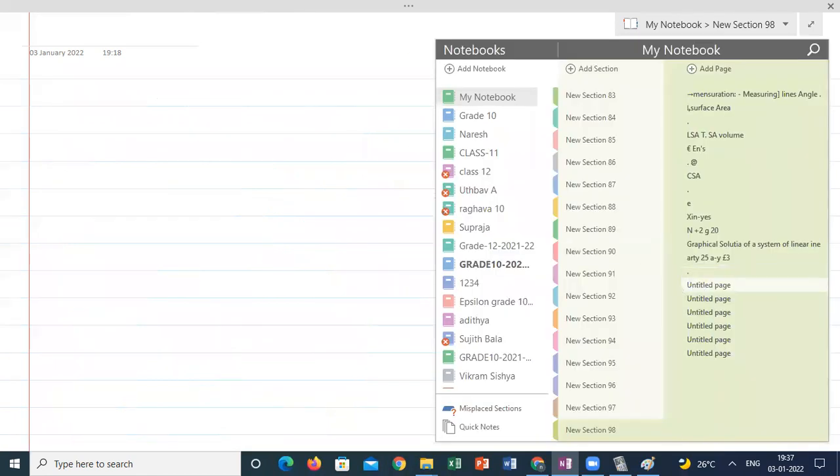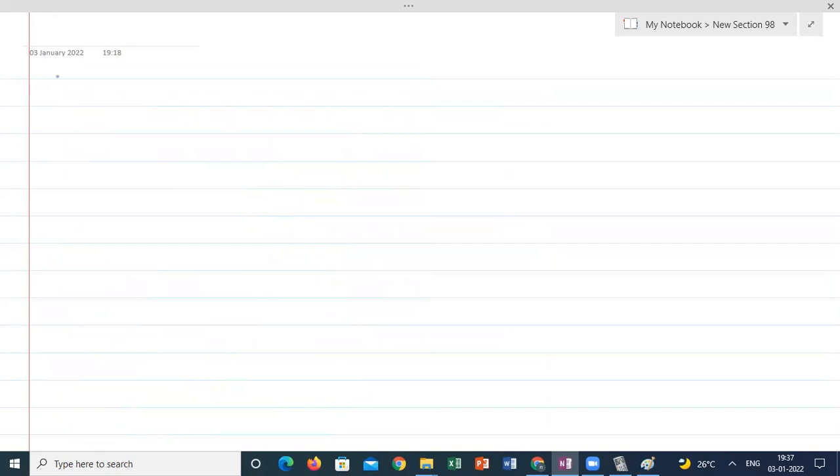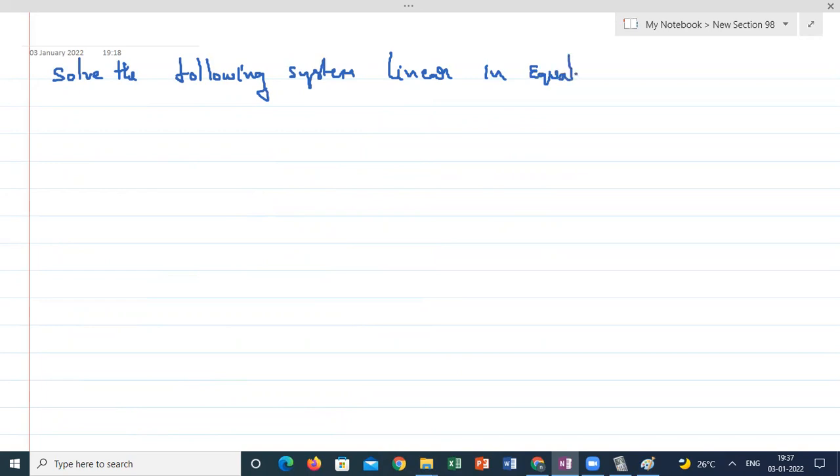So my question is like this now. Solve the following system of linear inequalities graphically.